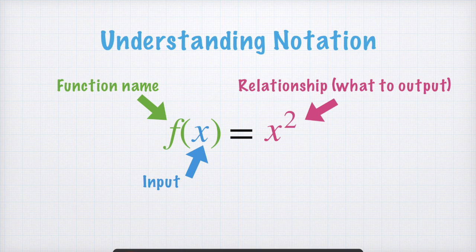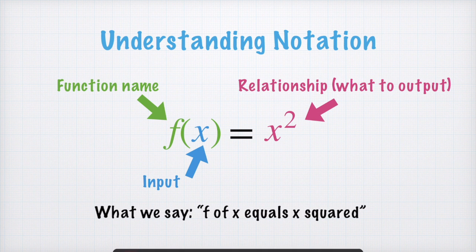When we plug x into this function, we're going to get something out, just like in our machines, like our washing machine. Our washing machine is a function of dirty clothes. We put in dirty clothes and we get out clean clothes. We're calling this magical function a washing machine, and we know that when we put in dirty clothes, we get out clean clothes. It's the same thing here.